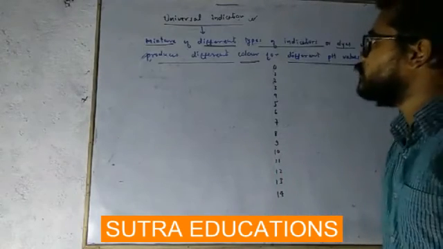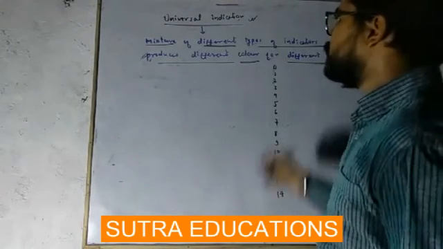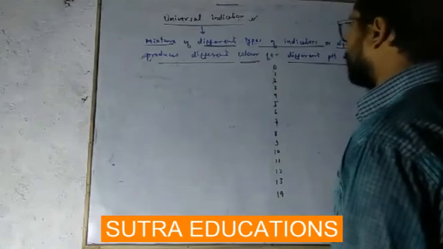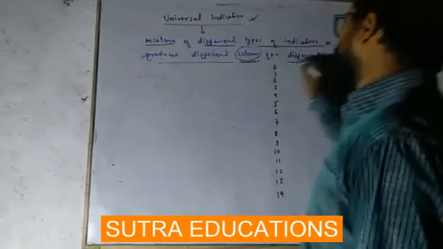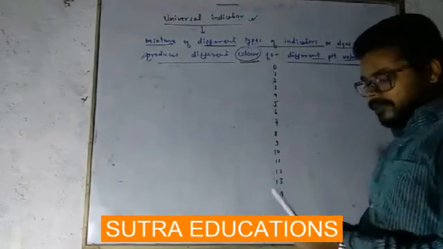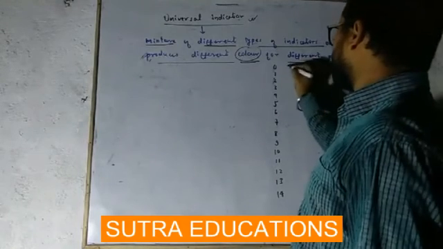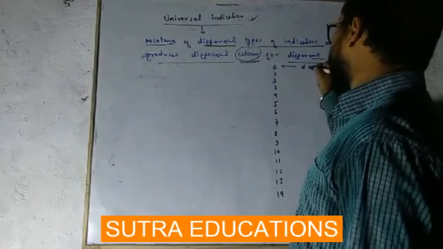And I told you universal indicator is a mixture of different types of indicators or dyes which produces different color for different pH. So for pH equal to 0, the color obtained is dark red.